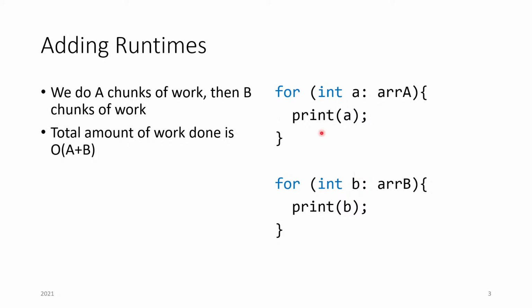If we have a loop doing A chunks of work, and then a loop doing B chunks of work, the order for the first loop alone is going to be O of A. The order for this second loop here is going to be O of B. And when we compound the two, for this entire program, what's the general full order? It's just going to be O of A plus B altogether.